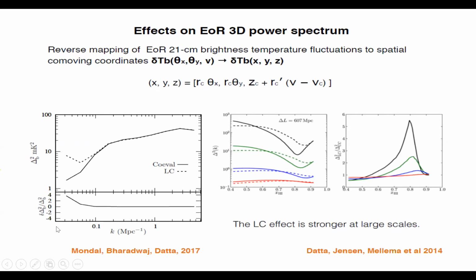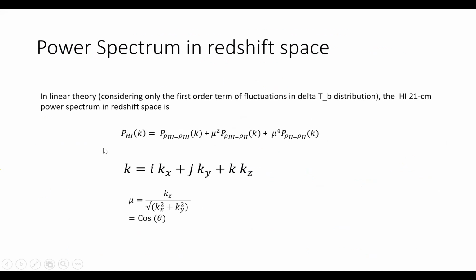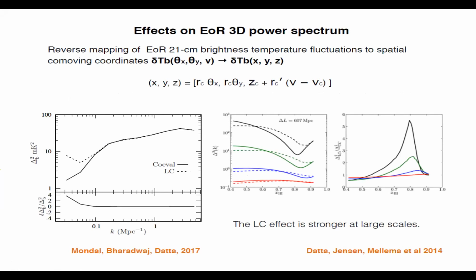So the left panel shows the power spectrum as a function of k, and this solid line is the power spectrum from the coeval box, and this dashed line is the power spectrum from the light cone box. And you see this effect is not that important at small scales, that means at large k, but it can be a very strong effect at small k.